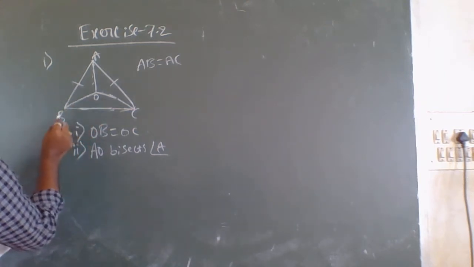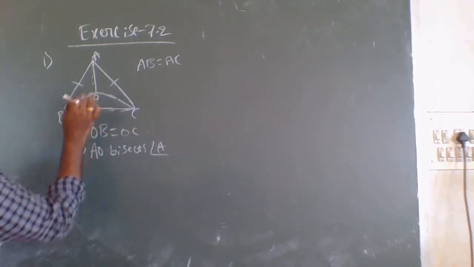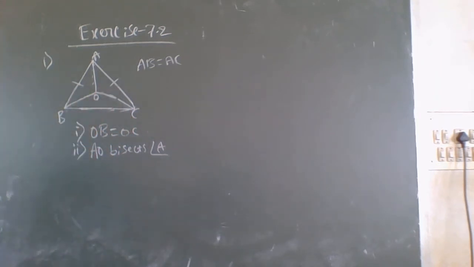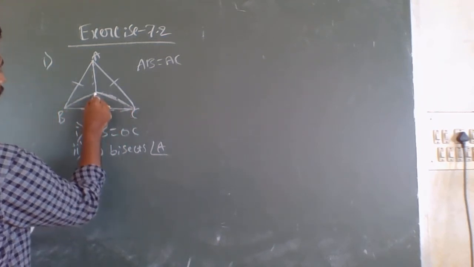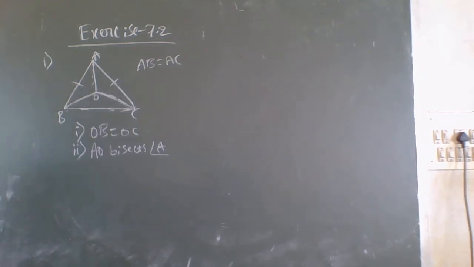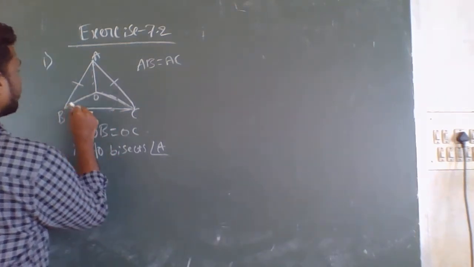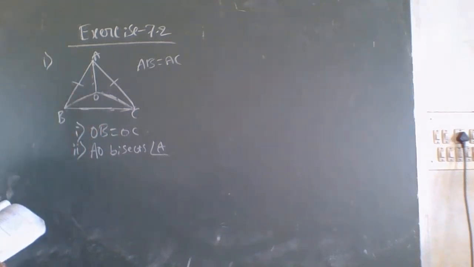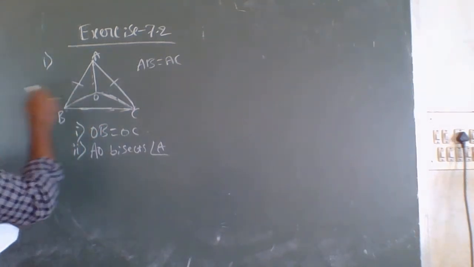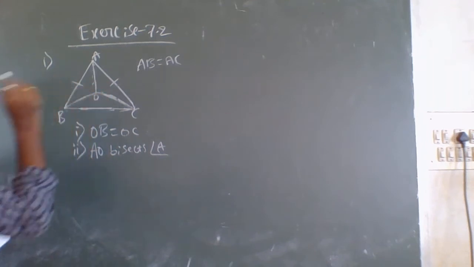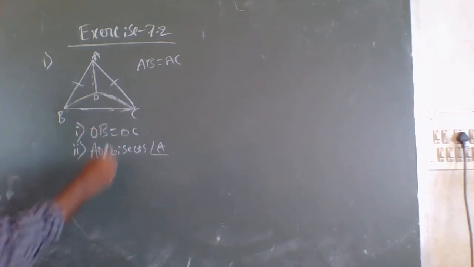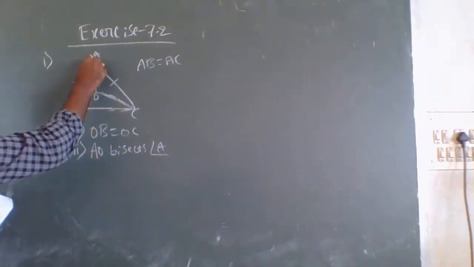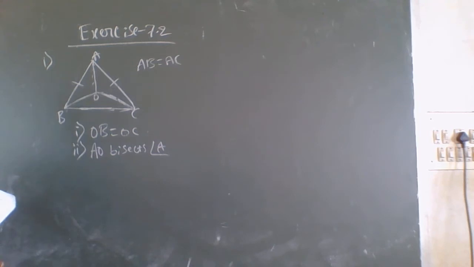The bisectors of angle B and angle C intersect each other at O, meaning these two intersect at point O. Now we will join A to O. Show that OB is equal to OC, and AO bisects angle A.